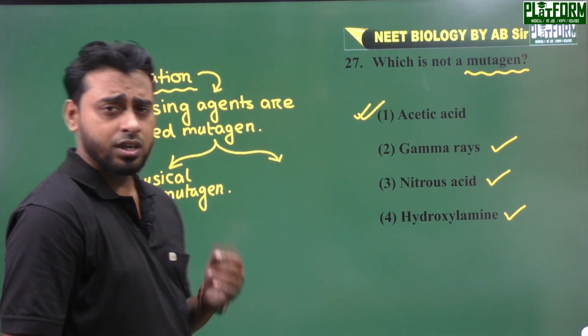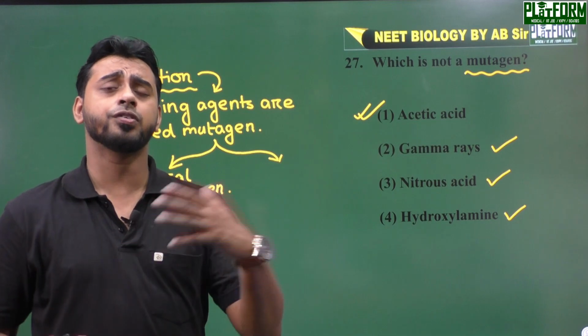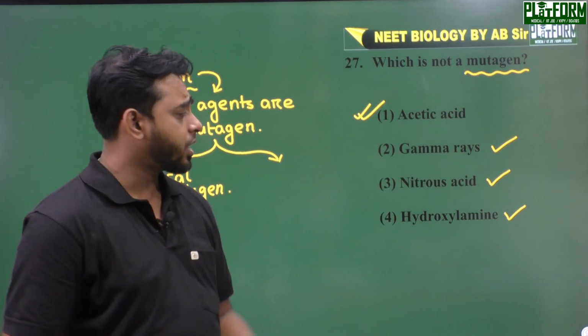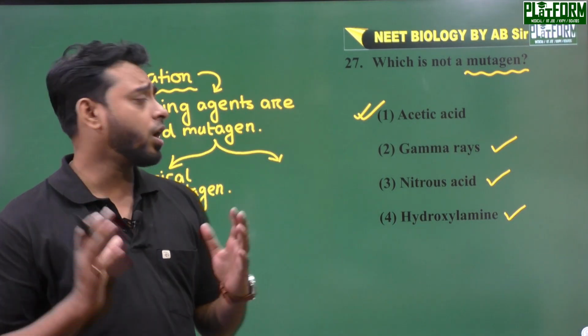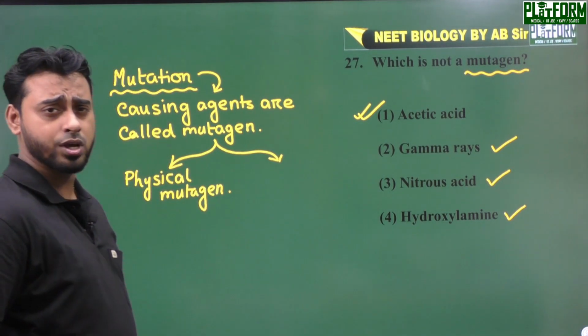That means here several types of rays, suppose gamma ray, alpha ray, X-ray, all UV rays, are included under the physical mutagen.